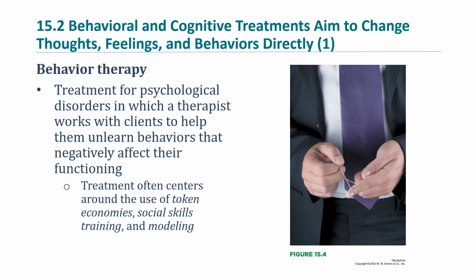So social skills training is a lot of role play and things like that to get more comfortable in certain social settings. Modeling is based on observational learning principles, and so behavior therapy is just about using these learning techniques: classical and operant conditioning, and observational learning.